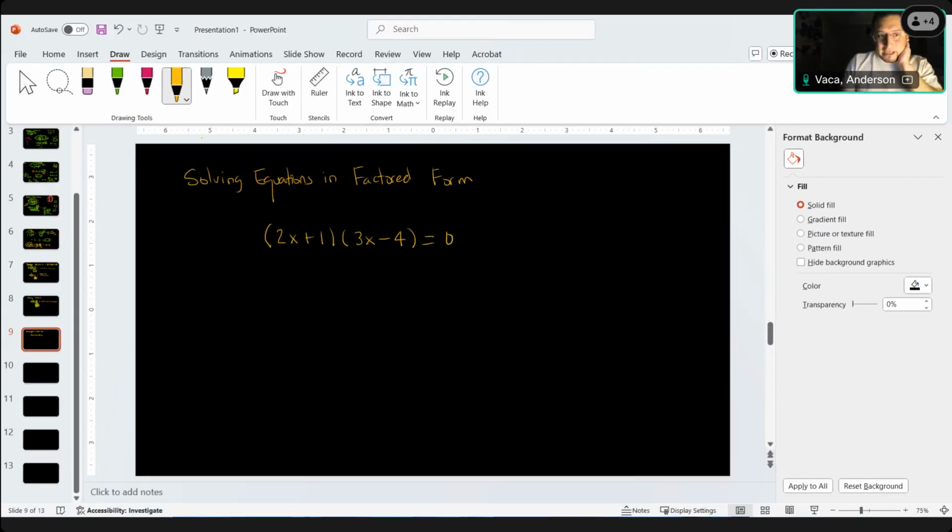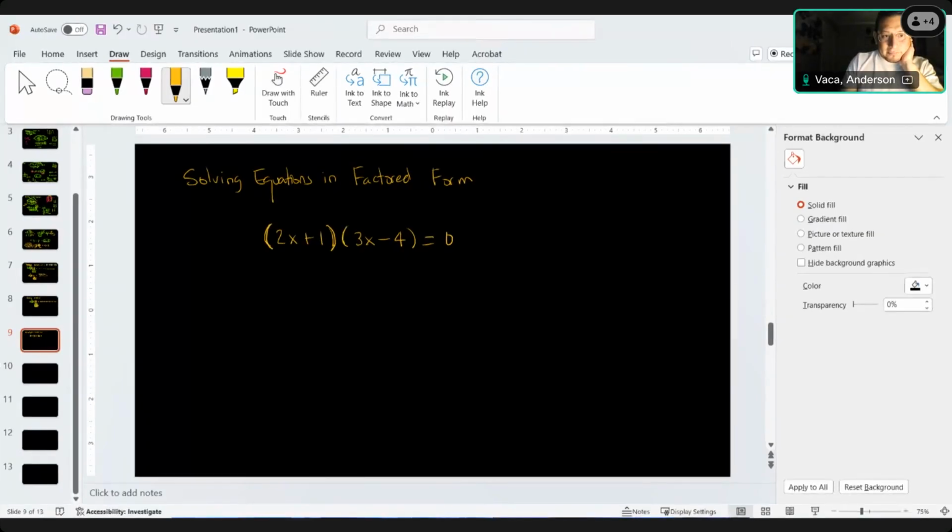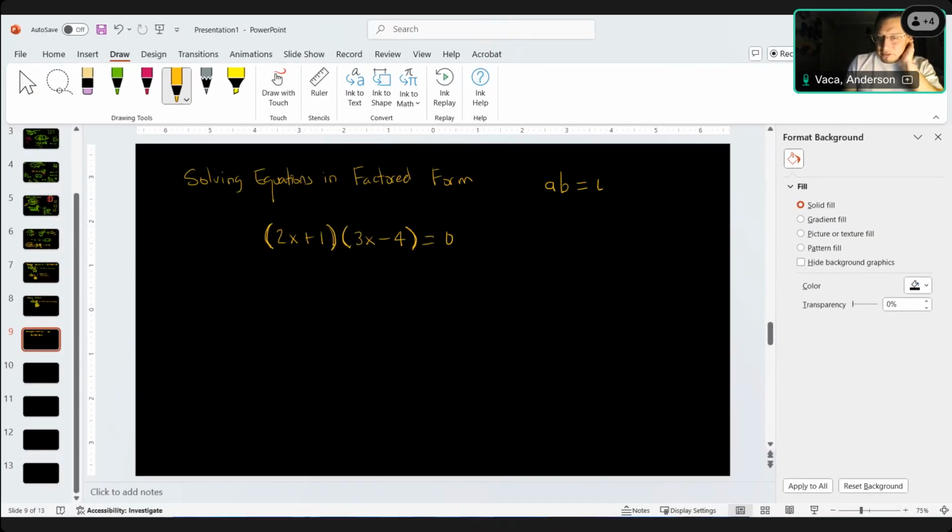When you have a multiplication, remember, the parentheses imply multiplication. So when we have multiplication, A times B equals 0, the only way that this can be true is if and only if A is 0 or B is equal to 0. That is the only way that we're going to be able to get a 0. For example, 0 times 7, that's 0.